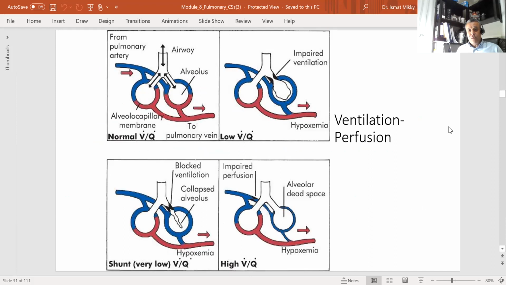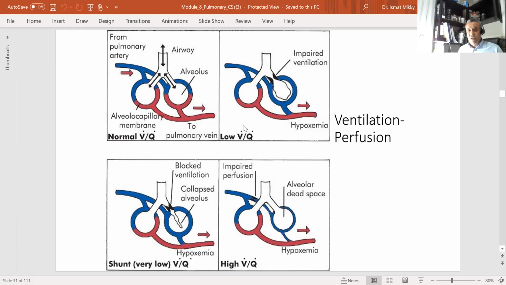This figure explains the VQ ratio, the normal VQ ratio right here. The air entering during inhalation, the bronchial tree and alveoli, that is ventilation, and then the exchange of gases will be affected by the perfusion within the pulmonary vasculature or capillaries. So that's perfusion, Q, and V is ventilation.